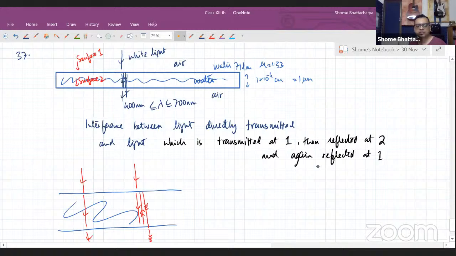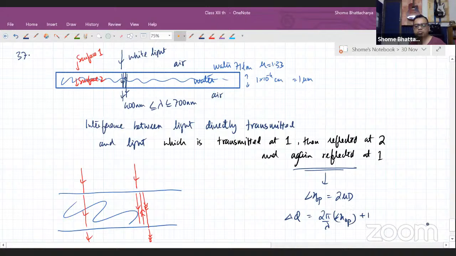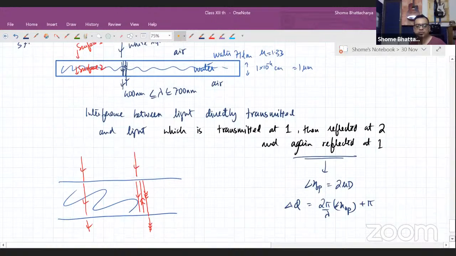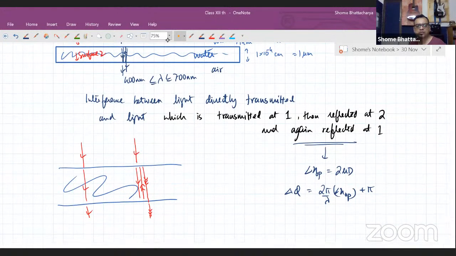So for the second one, you can see that this is having an optical extra path length of 2 mu d. Okay, but the phase difference will be equal to 2 pi by lambda into optical path difference plus or minus of pi, because one of the reflections is going to be a soft reflection, the other is going to be a hard reflection.